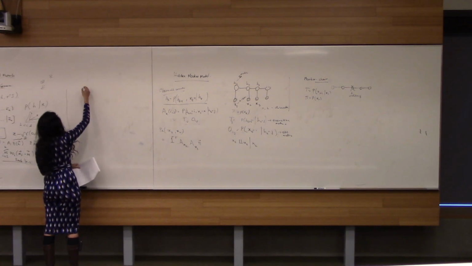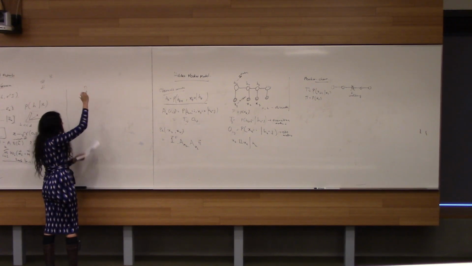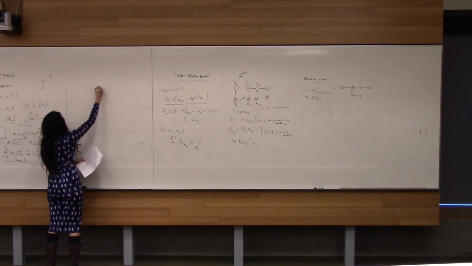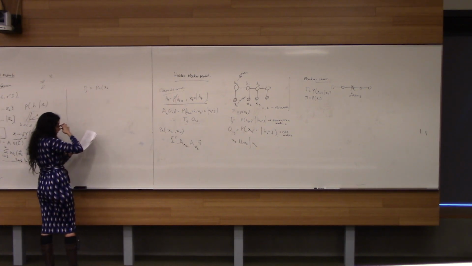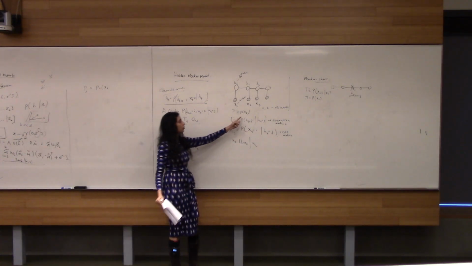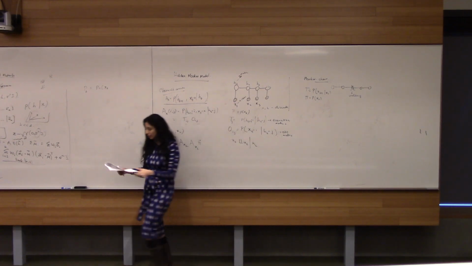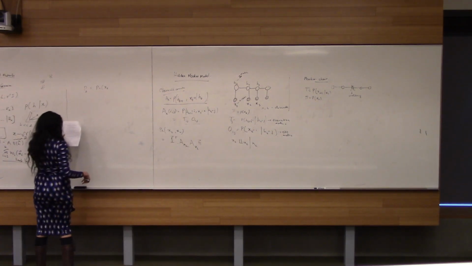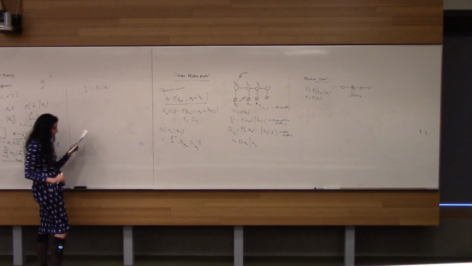Let me introduce some notation. I'm going to write this matrix P1, the probability of just x1. By looking at the counts of x1, I can estimate what pi is. Of course with finite data there's a concentration bound, but I can estimate that.